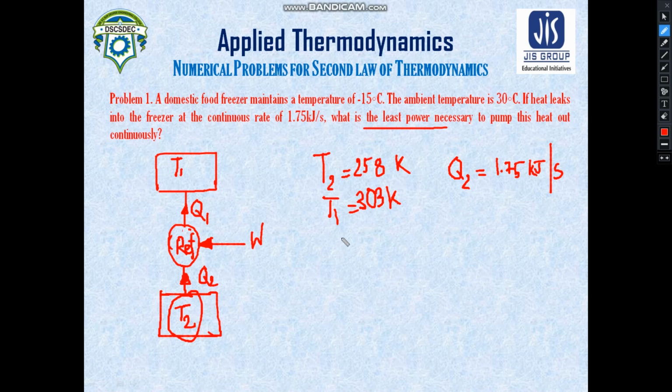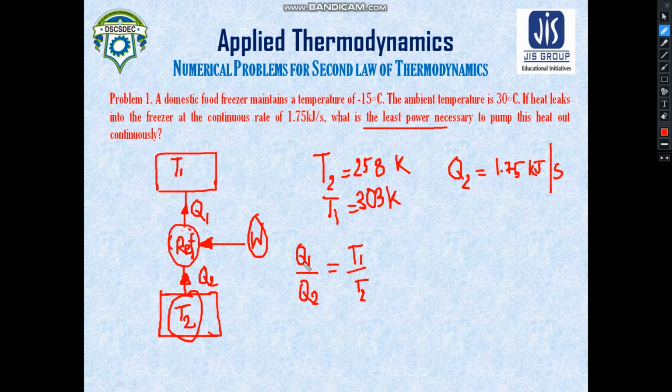Now if it is a reversible refrigerator, then you can simply write Q1 by Q2 is T1 by T2. The question is, what is the least power necessary? That means what is the work input required per unit time, so that this refrigerator can pump this certain amount of heat continuously.